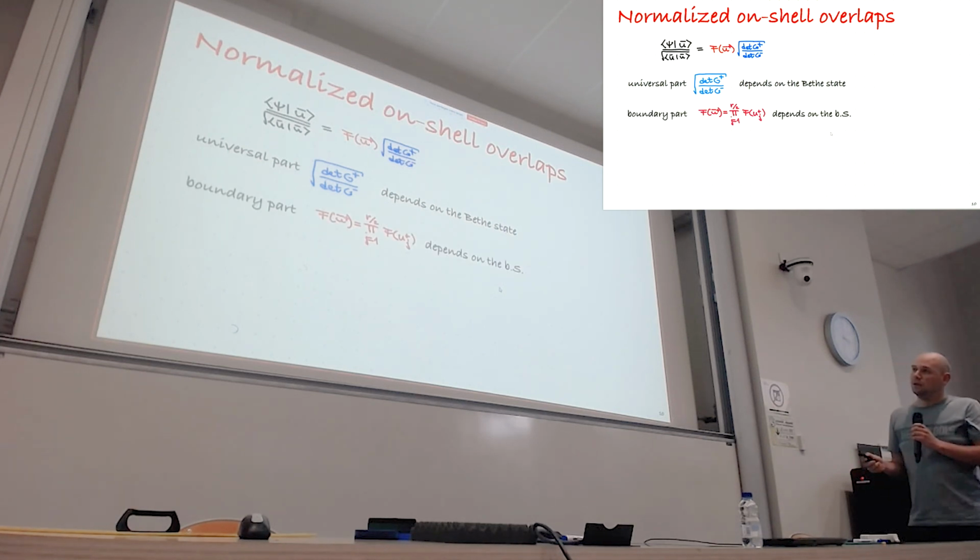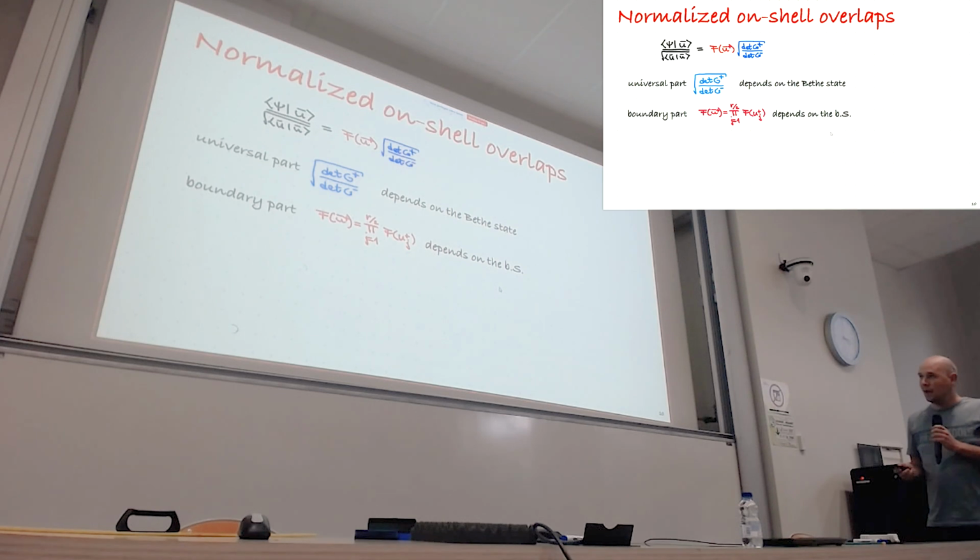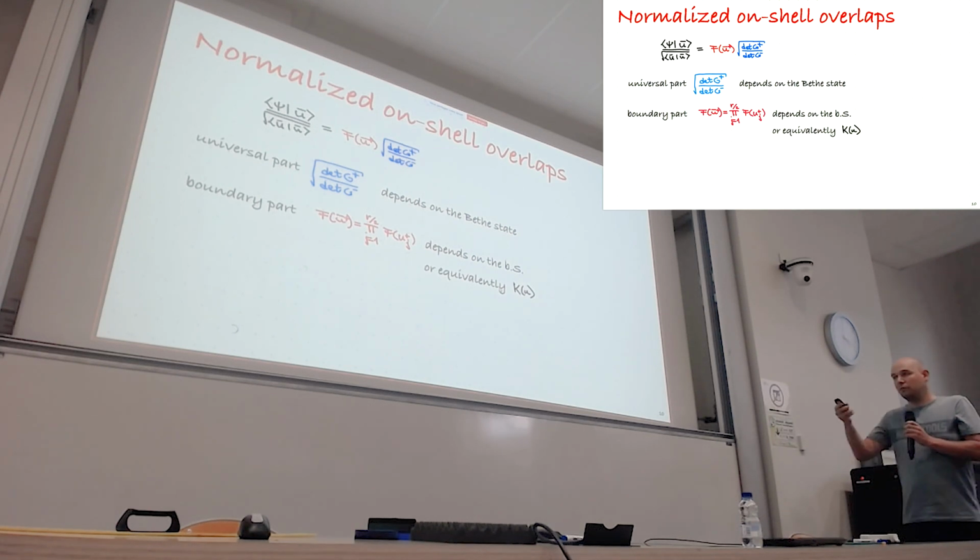And this red part is a product of one particle overlaps. And this one particle overlap function F depends on the boundary state only, or equivalently the K matrix.